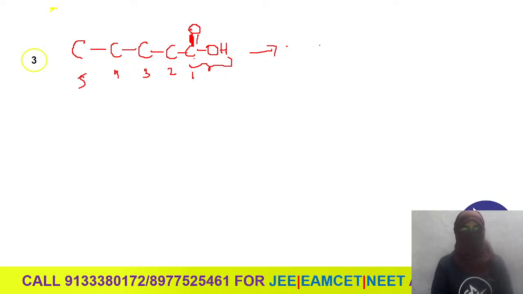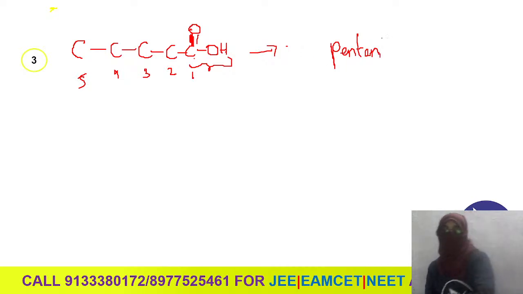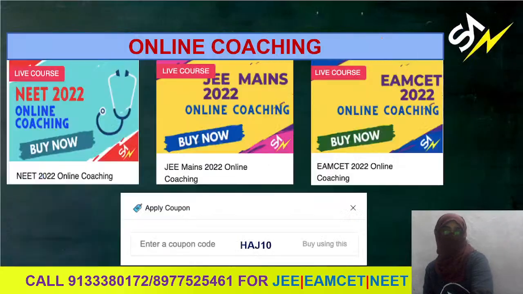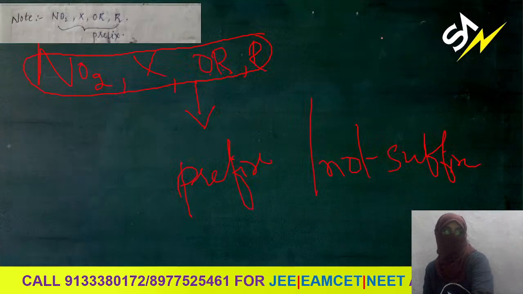So first step is carbon atoms counting. How many are there? 5. 5 for pent. Second step is counting the carbon-carbon bonds. You will find everywhere single bond carbon-carbon. Hence, I am writing pentan. And you have only one carboxylic acid, one functional group. We have already discussed that if you have one functional group, you will use only 3A step.